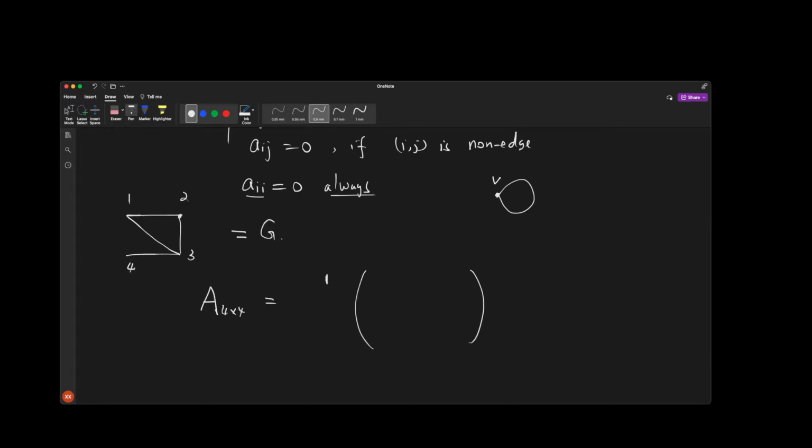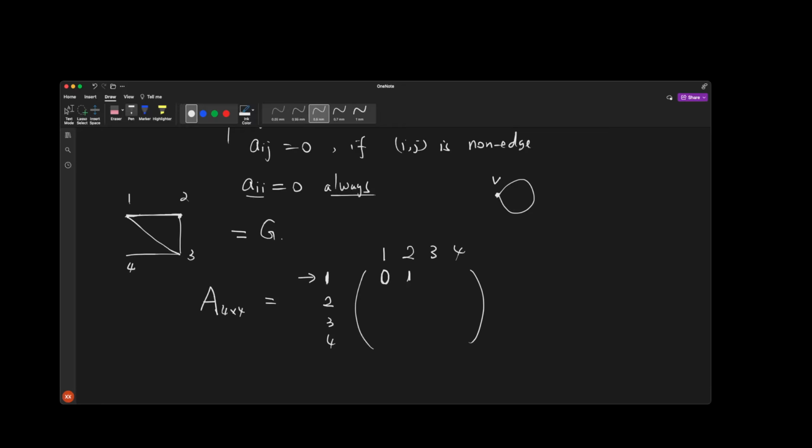This is the first row, second row, third row, and fourth row. And we have first column, second column, third column, and fourth column. We have 16 positions. For example, A11 is here. It has to be 0. A12 is 1 because I have an edge here. And you can look at the first row here.